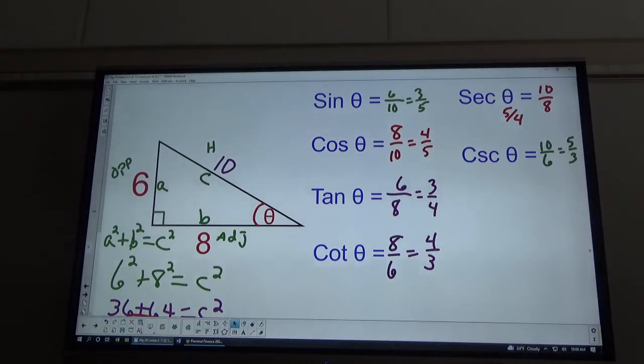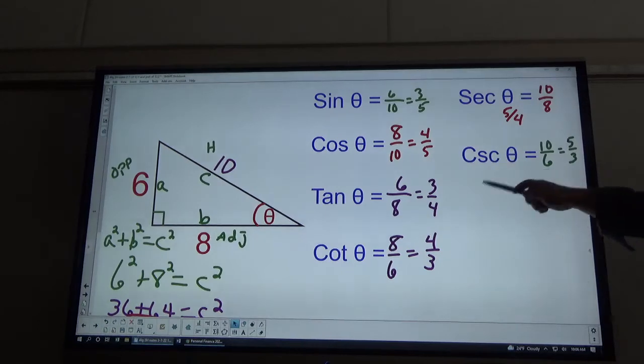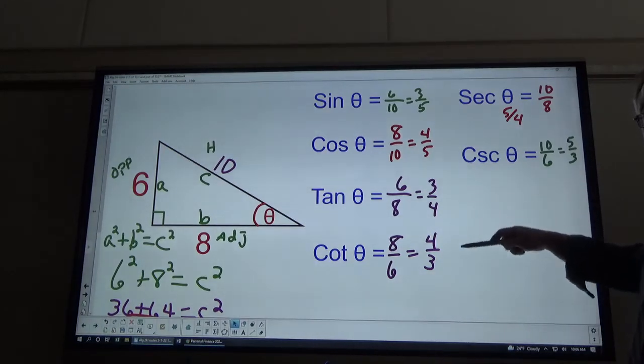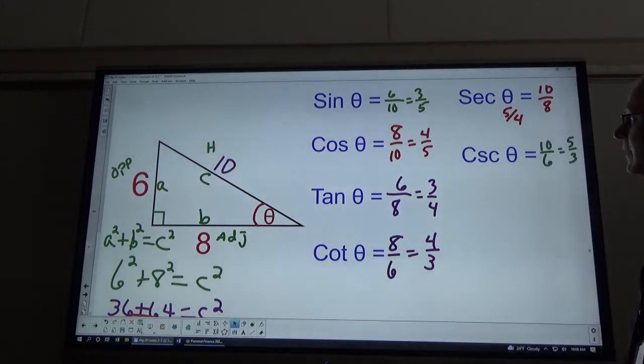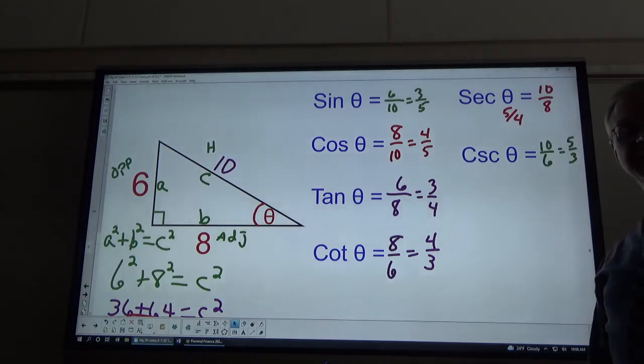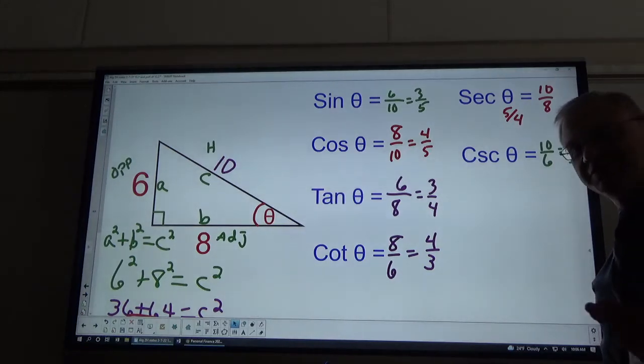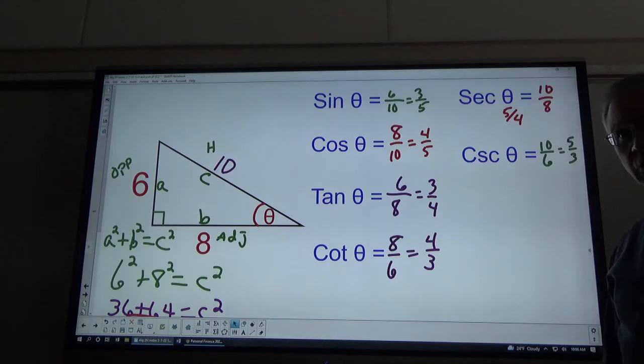By the way, you may or may not have noticed, but tangent and cotangent are reciprocals of each other. It would be nice to say that the trig function and its co were reciprocals, but that's not true. Only tangent and cotangent are.